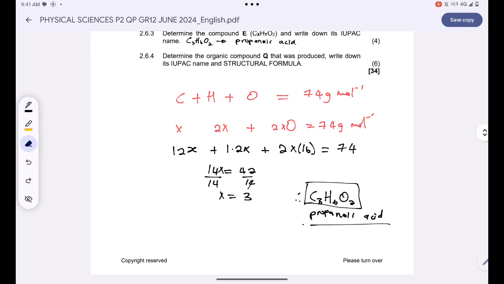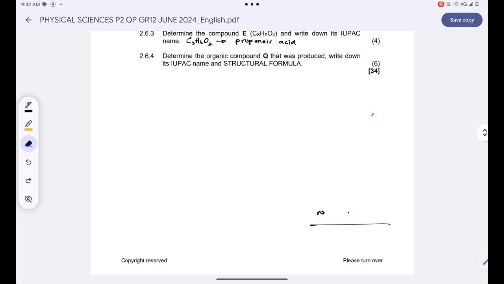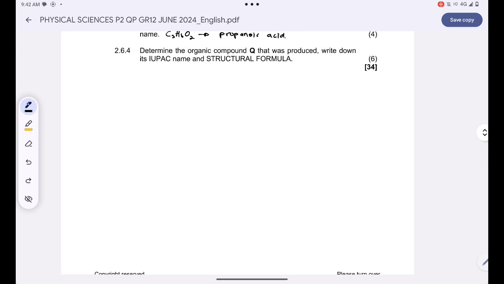Okay, and then now we are supposed to determine the organic compound Q that was produced. Write down the IUPAC name and the structural formula. So I now know that compound Q we found to be C5H10O2, plus water.